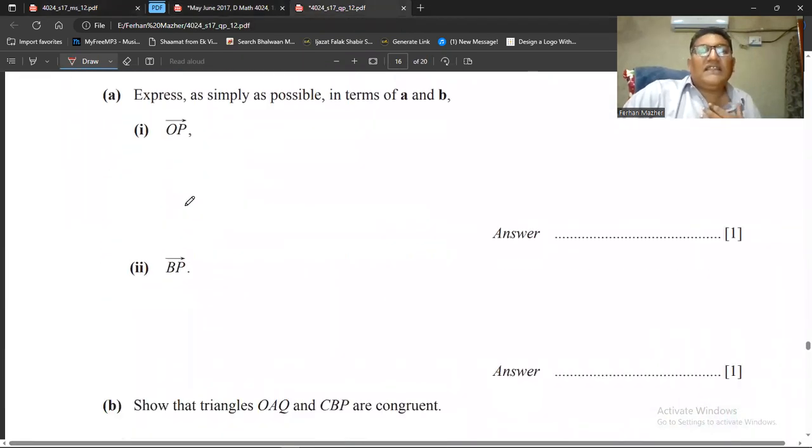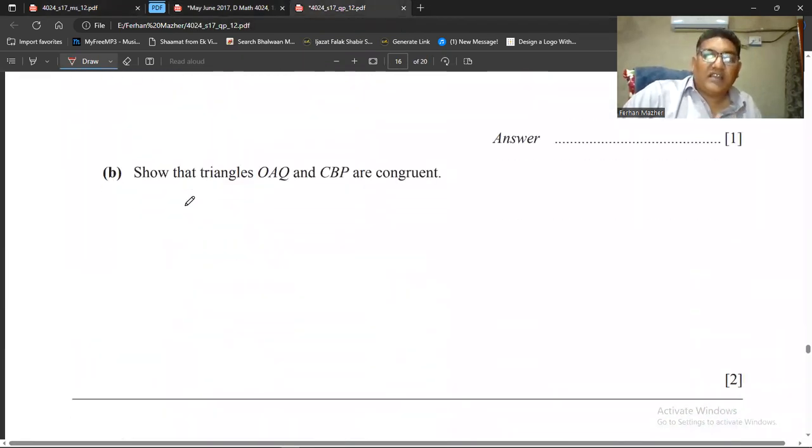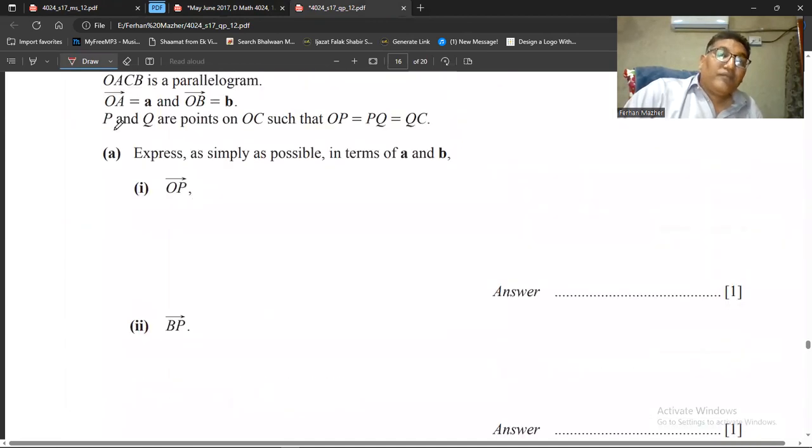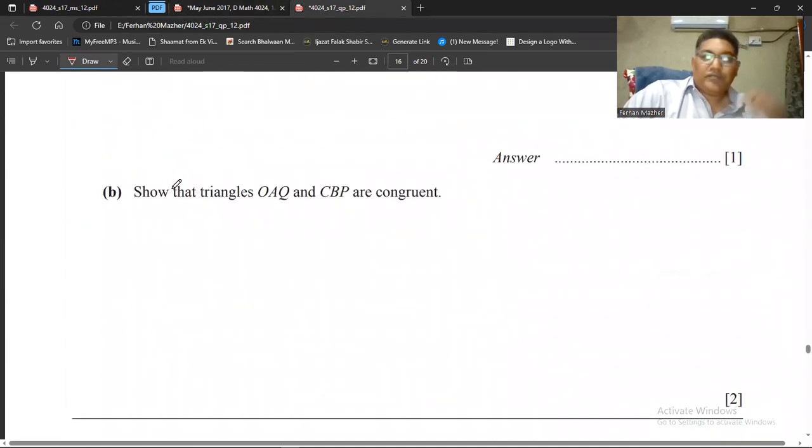Okay. Then the question is show that the triangles OAQ and CBP are congruent. Okay, we have to prove that. Very simple.